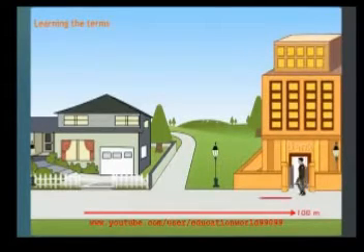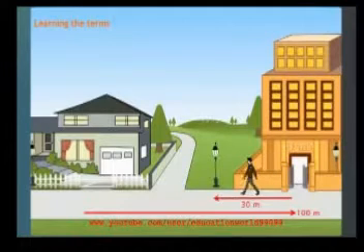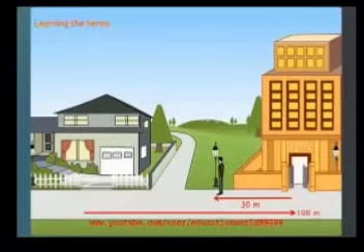From there, he walks back 30 meters and stops at the lamp post. So the man has walked 130 meters. The length that the body has traveled is said to be the distance covered. Therefore, here, distance equals 130 meters.